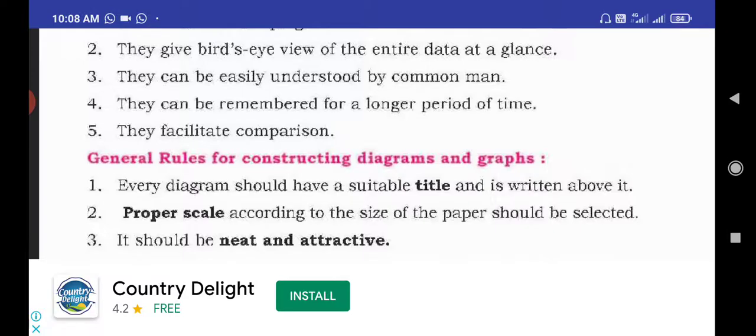Take an example. If you are watching a movie, we can easily understand the story and easily remember it. Why? In movies or songs, they show visuals, diagrammatic visuals. That is the reason we can easily remember.